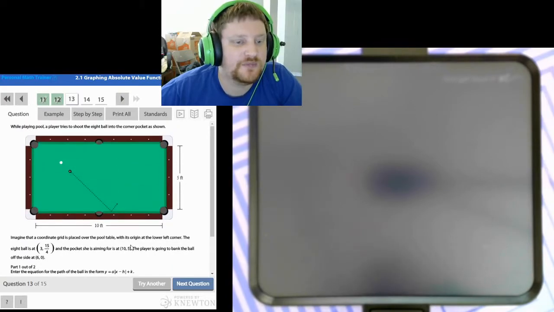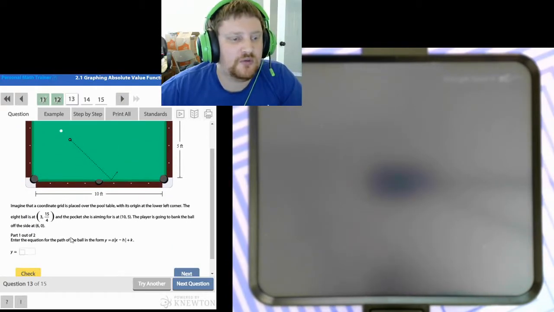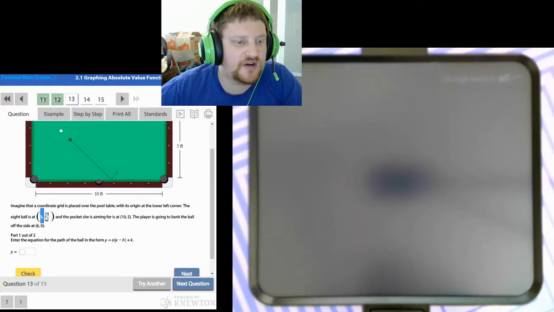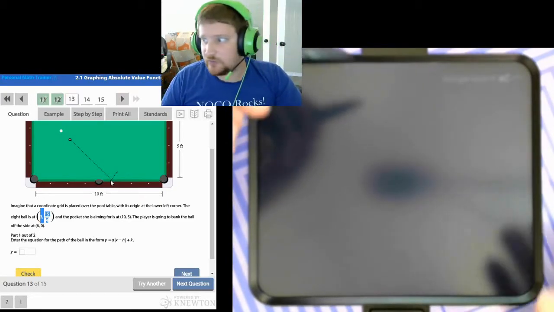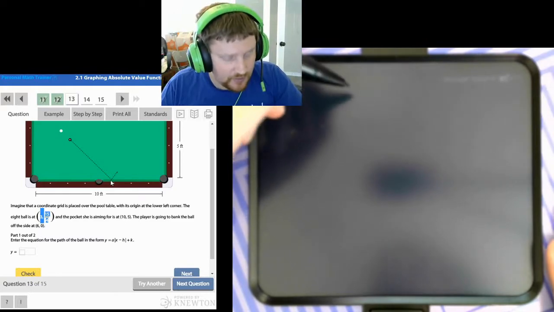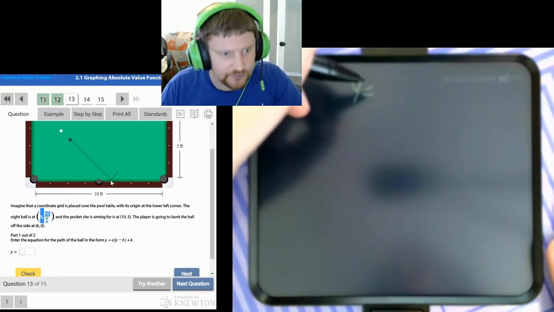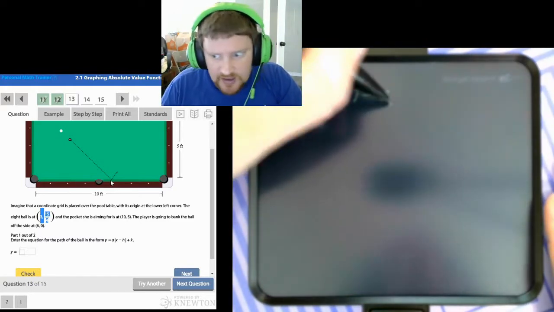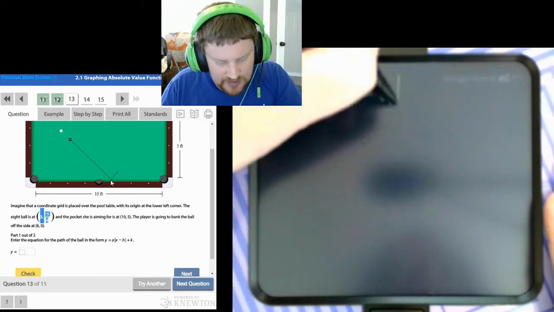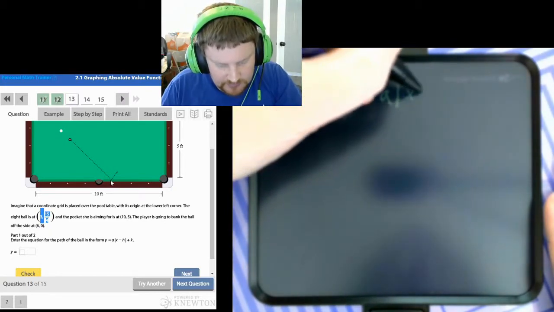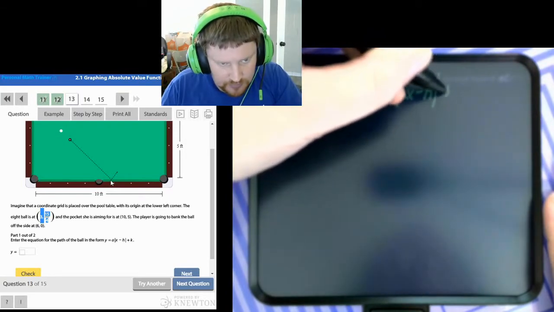Alright. So we have 2 points that they've given us. We know where the 8 ball is, and we know what the vertex is. So let's start with our vertex. We have y equals a, absolute value, x minus h plus k.